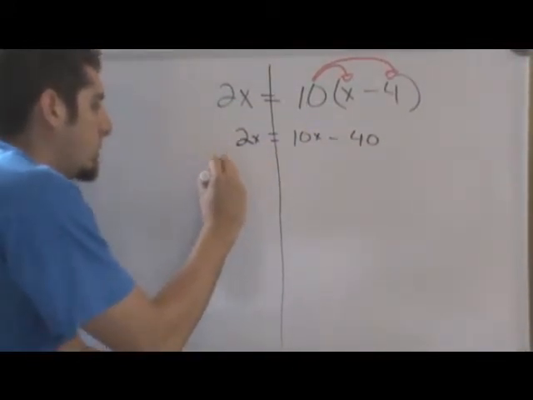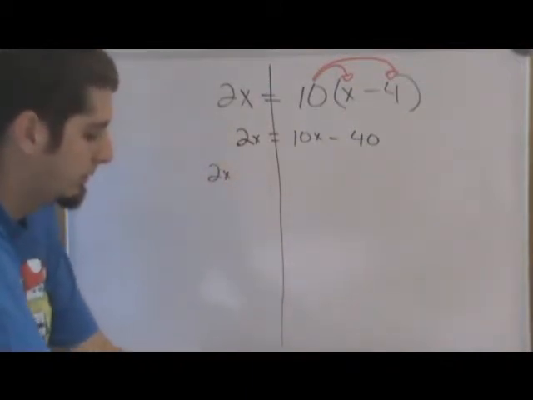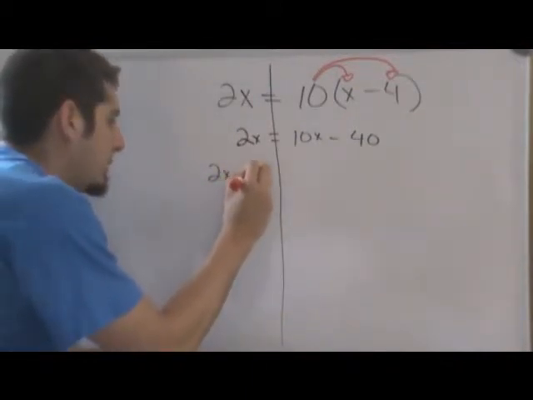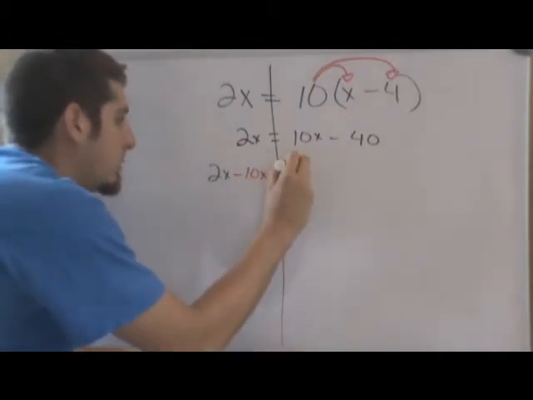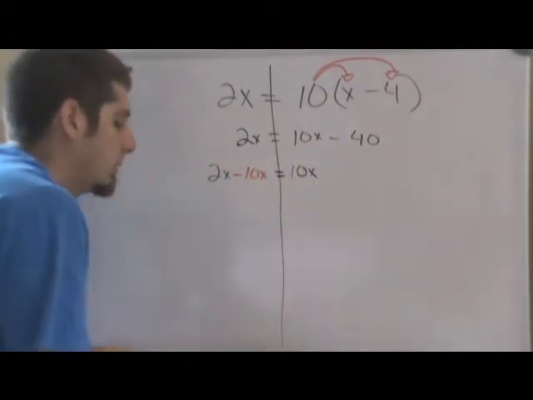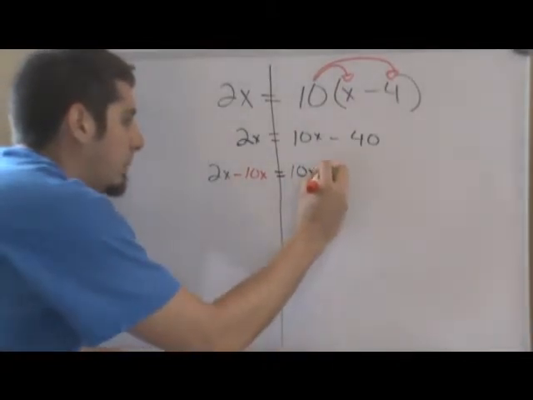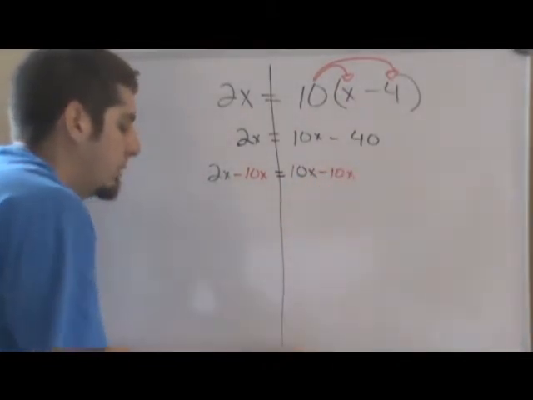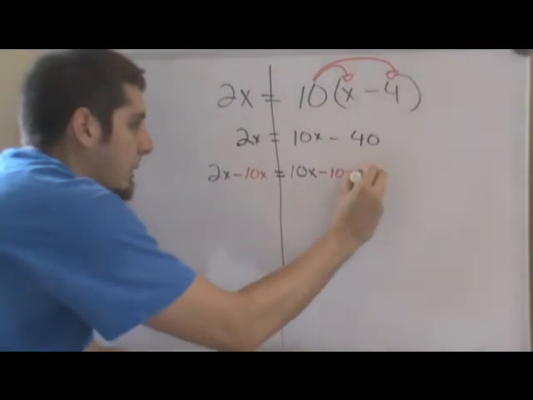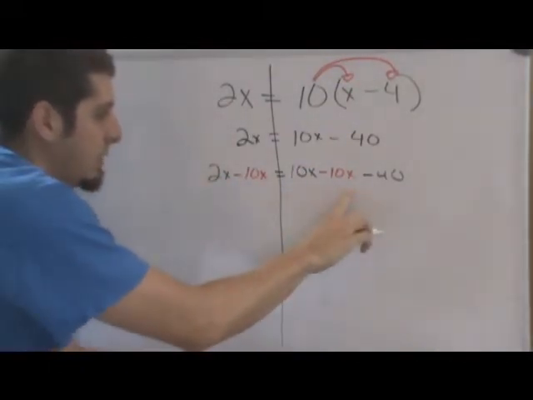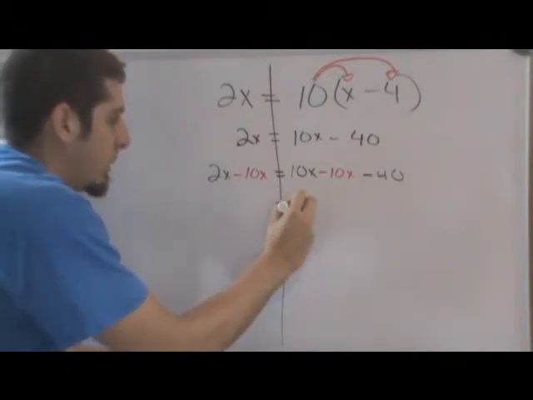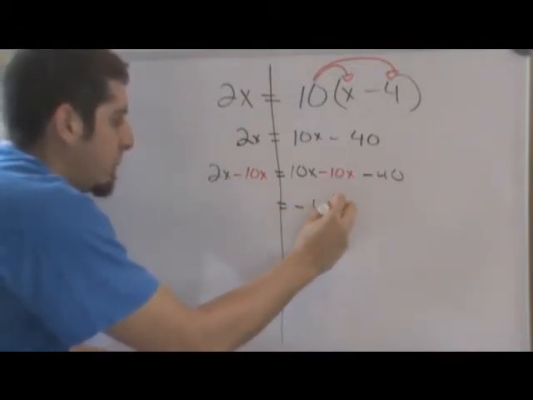So I'm going to do a 2x minus 10x here. I'm going to do 10x minus 10x here. And don't forget about the minus 40. So the 10x's cancel out over here, and we're left with a minus 40 or negative 40.